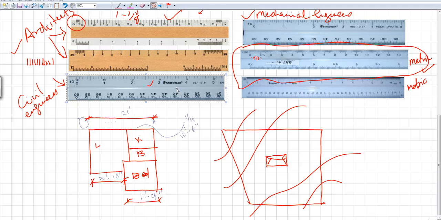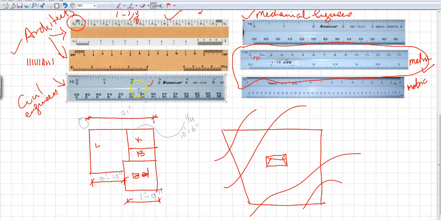Now the first thing that I need to understand about civil engineering scale is the scale is always multiples of 10, right? So from 0 to 1, if you see 1, 2, 3, 4, 5, 6, 7, 8, 9, 10. So it's a lot like metric. It's not like architect scale because that's a multiple of what? 12.